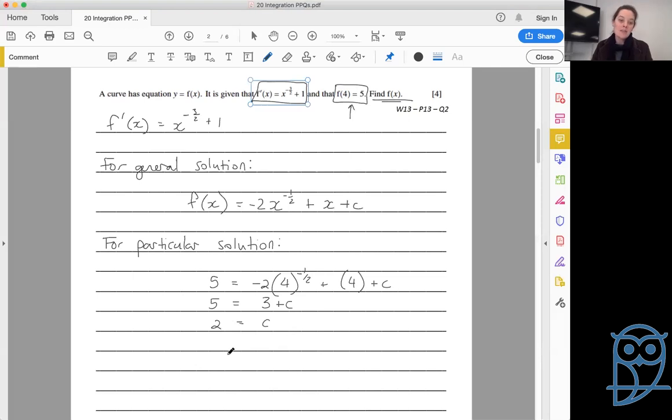So now we've got everything we need to do our particular solution. Therefore, f of x equals minus 2, x to the minus a half, plus x, plus 2. So a very similar thing, working from a derivative back up to a function, but doing it now in function notation.